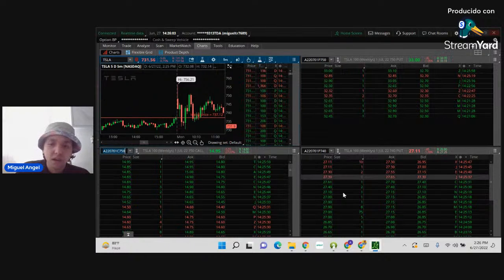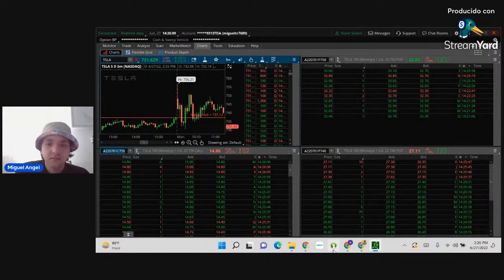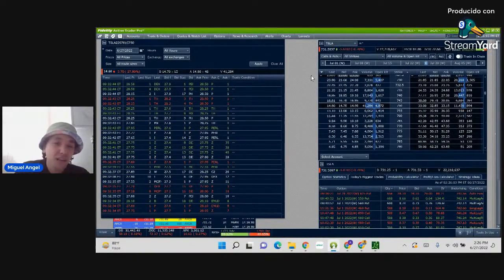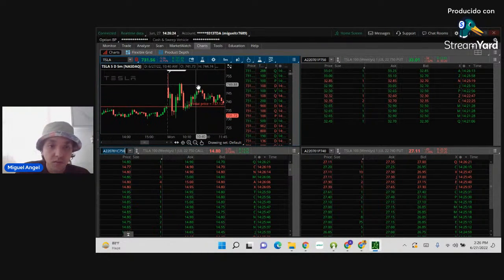And sometimes if I want to have more information, I have Active Trader Pro here, which is almost the same as Thinkorswim, but again, the setup, I don't like it that much, because in comparison to Thinkorswim, you see that this is a lot more organized, a lot more visible.